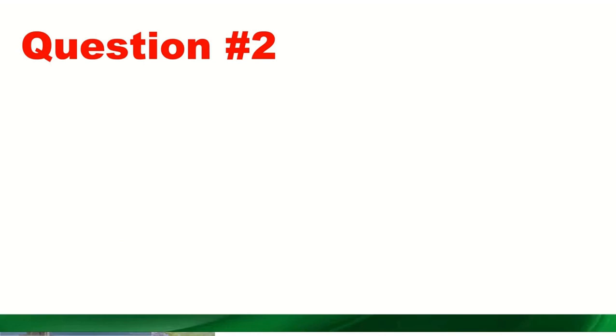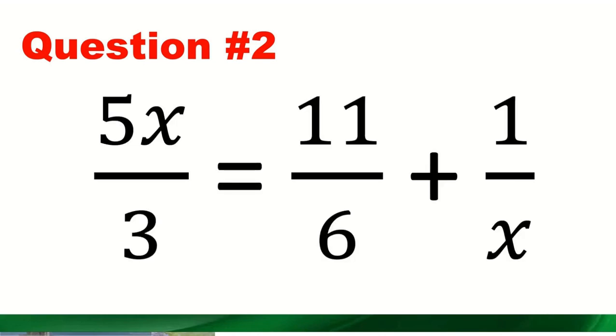Another example, question number 2. Given 5x over 3 equals 11/6 plus 1/x. For the solution, first you need to get the LCD. The LCD of 3, 6, and x.